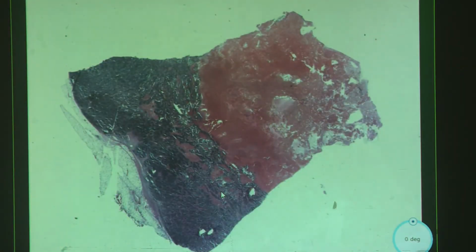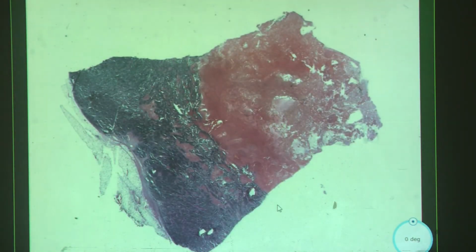On MRI, again, you have this somewhat nondescript area, and that's about as far as I'm going to go on an MRI. Okay, so immediately when we're looking at this, you can appreciate at low power why mesenchymal chondrosarcoma and Ewing sarcoma look so similar.